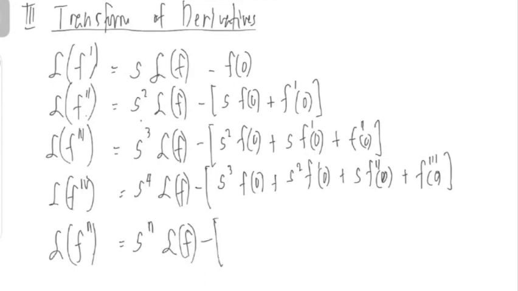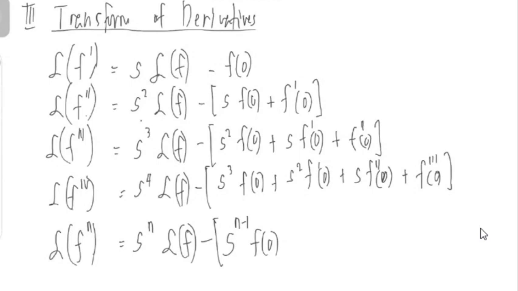What next? What have you observed? S squared naging S. S cubed naging S squared. S to the fourth naging S cubed. Eh kung N, ano yung exponent ng S? N minus 1 po. N minus 1, then a function of 0. Okay? And what have you observed? Pababa yung exponent ng S, ano?